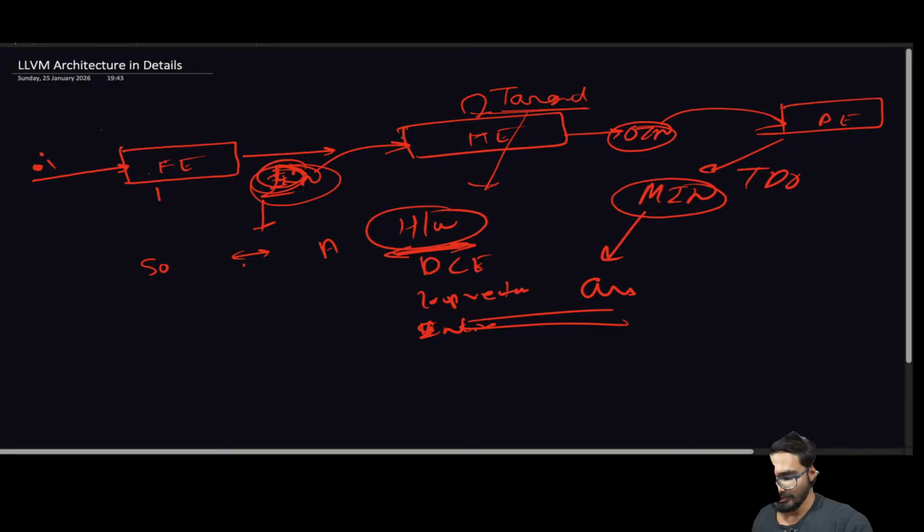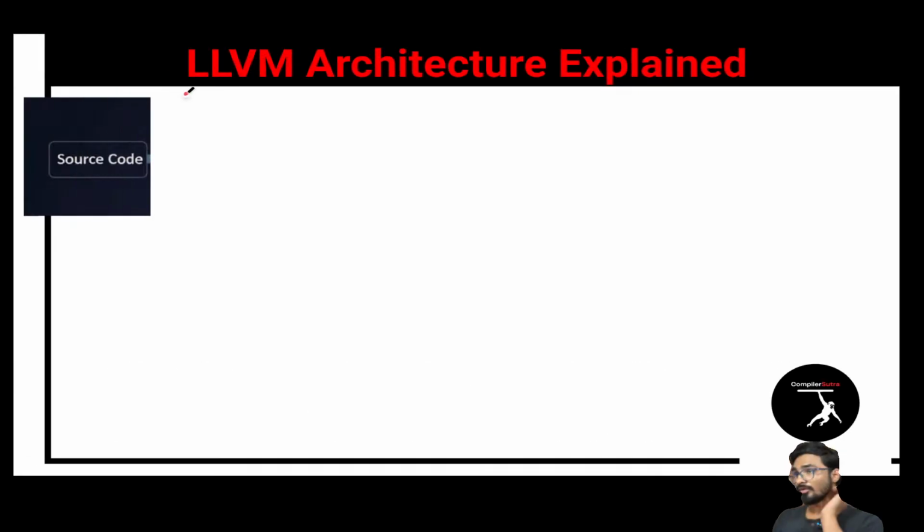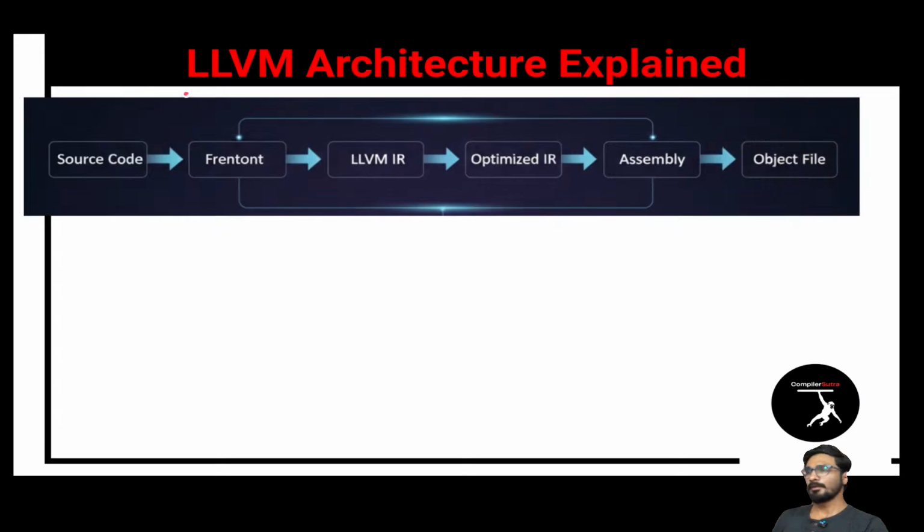Now let's see it in the PPT. We have a source code. This source code is given to the front end. The front end generates LLVM IR. This LLVM IR generates optimized IR.